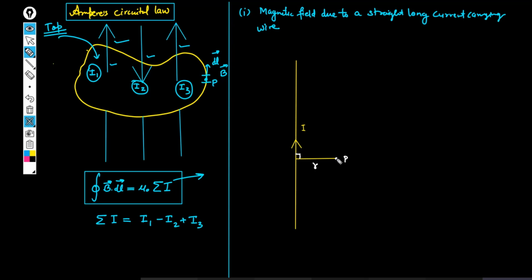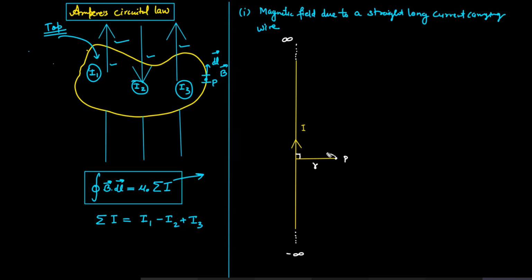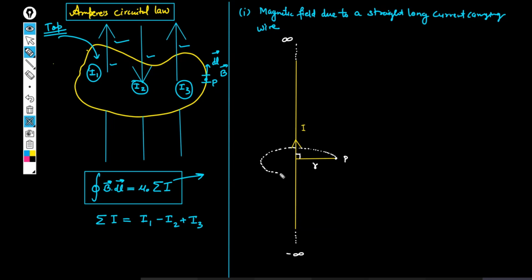Now to find the magnetic field at point P, we will imagine an Amperian path. The shape of the Amperian path we always choose by increasing the dimensions. So here if we increase the dimension it will become a cylinder, but we need only a portion of that, so it will be a circle.